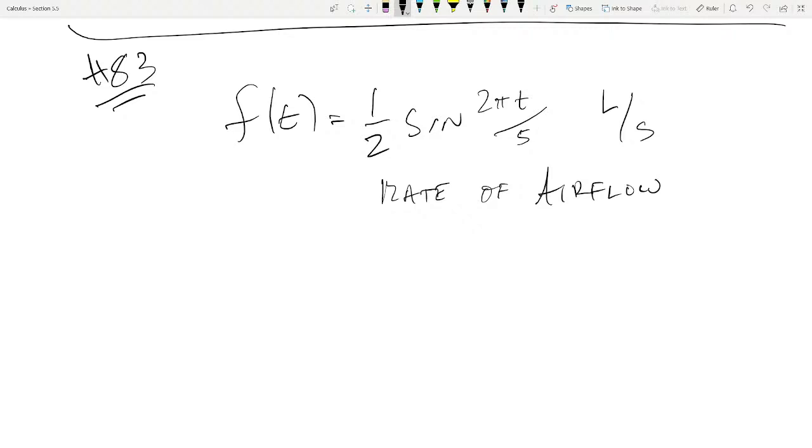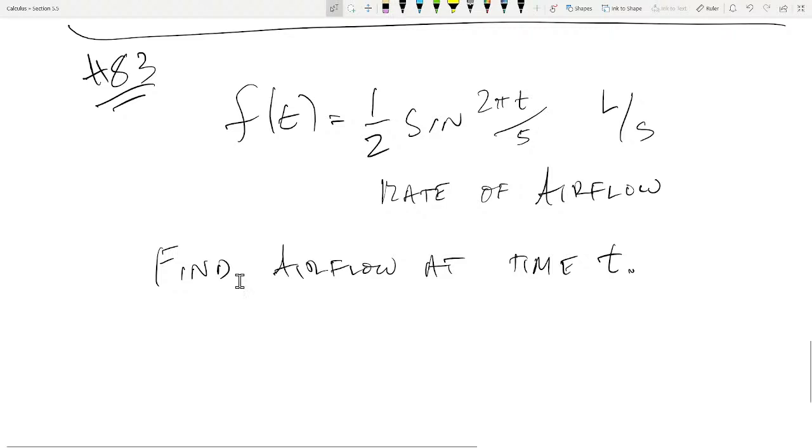And it says use the volume of inhaled air at time t. So they want to give you a formula to find the volume of inhaled air at time t. Well, they did a little tricky thing here. So we want to find airflow at time t.